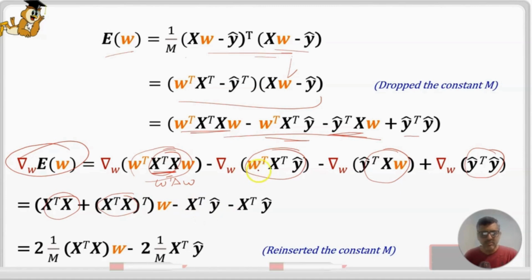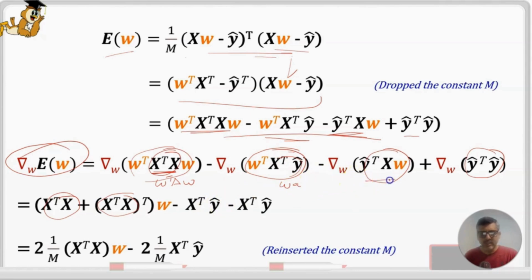The next term is, here we use identity number 4, where we said we want to compute the gradient of w transpose a, vector multiplication of vector w with a constant vector a, right? This is constant with respect to w, and therefore identity number 4 is being used over here. So what we have over here is simply x transpose y hat.